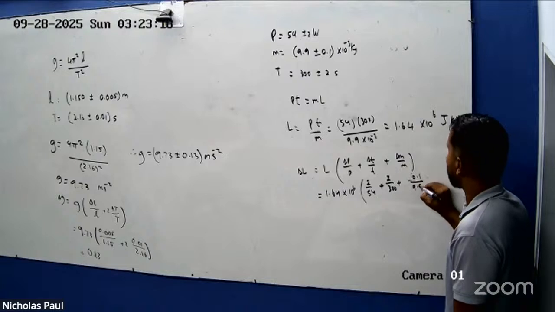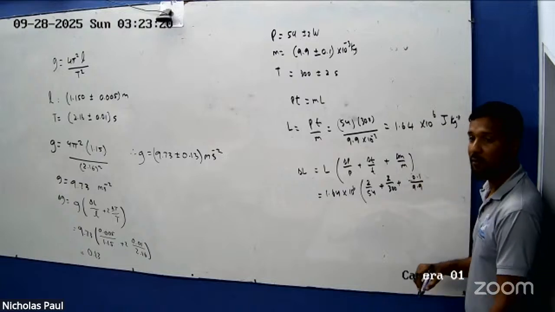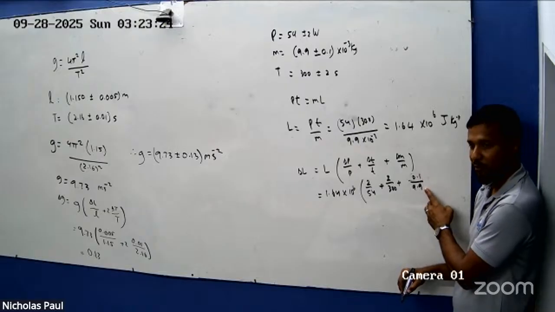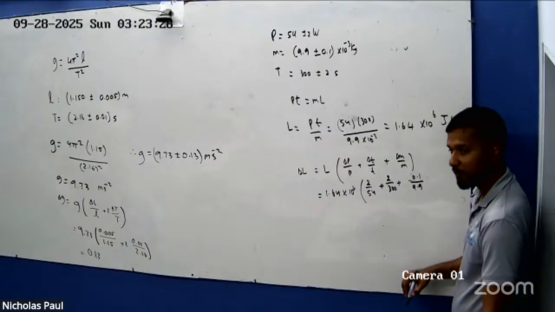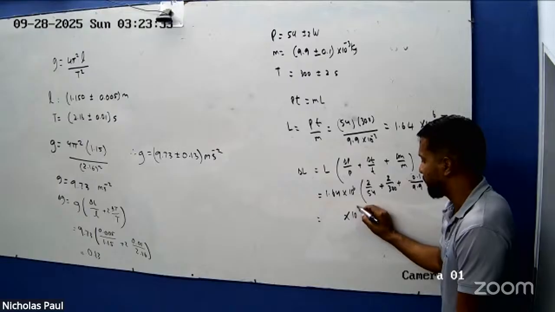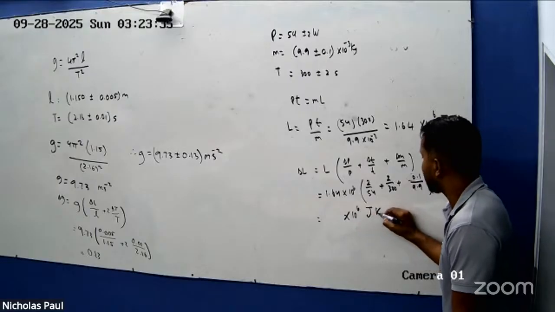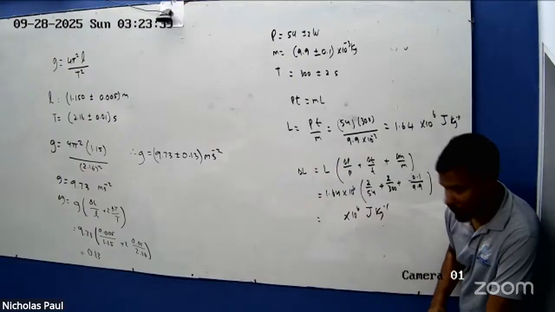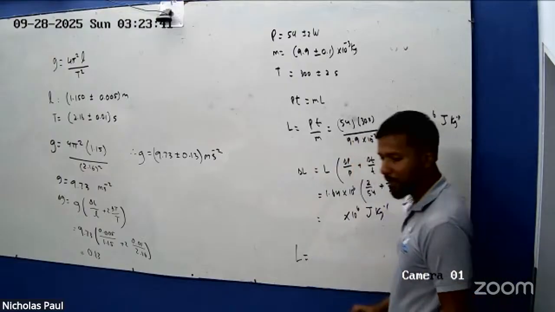Do I have to write 10 to the minus 3 here and here? No, because they would cancel off. So when you work this out, your answer is what? Put it by 10 to the 6. So it's easy for you now to write your final answer.